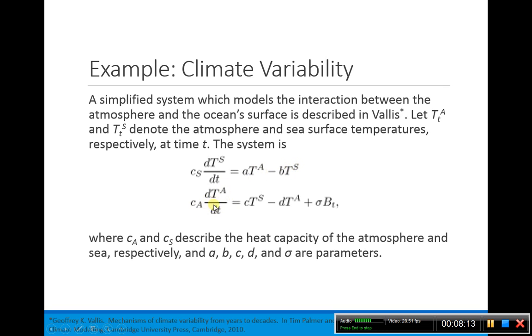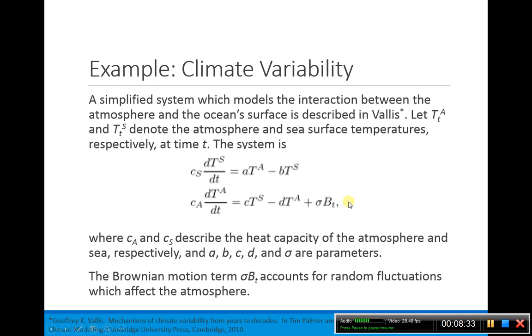And similarly, the things that are going to affect the change in the temperature of the atmosphere are the temperature at the surface, the temperature of the atmosphere, and then some kind of stochastic terms, so random fluctuations. There are always random fluctuations when you're talking about the temperature of the atmosphere, and so the sigma B_T stands for that. We've been using W, but this paper uses B to stand for the Brownian motion.